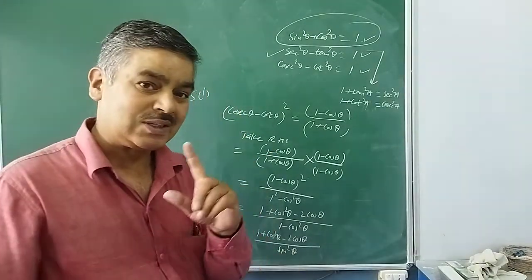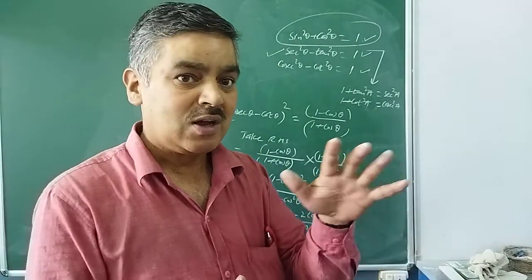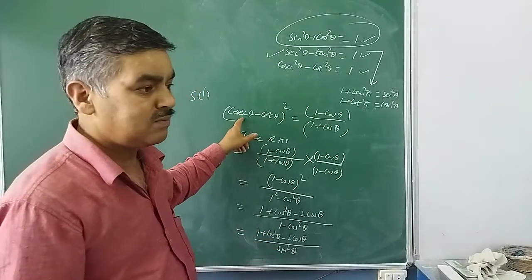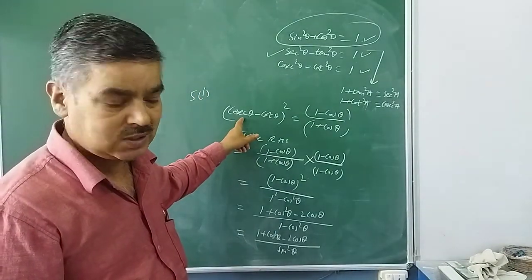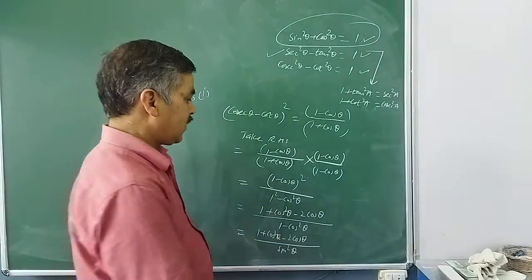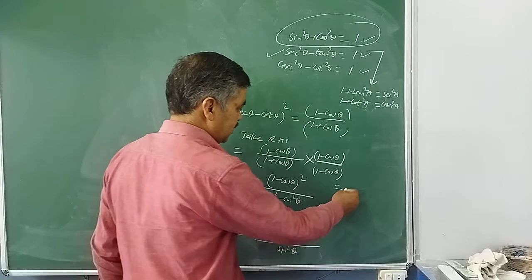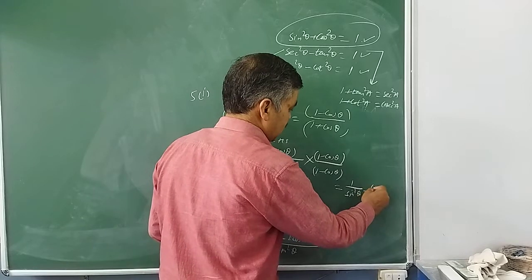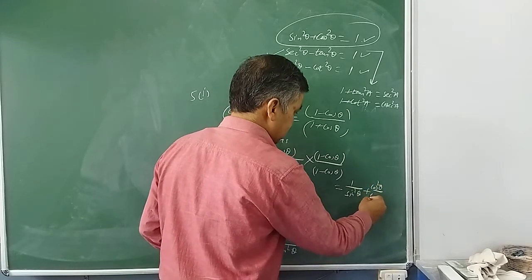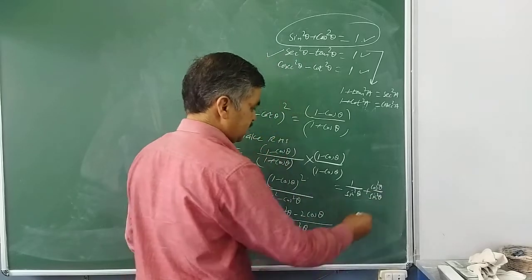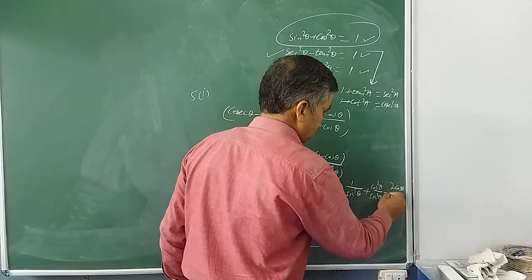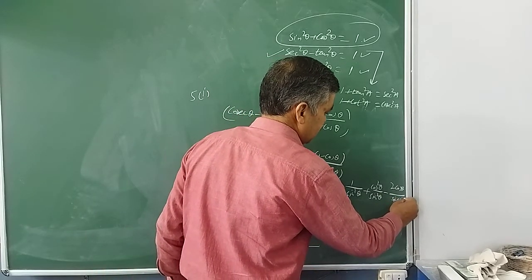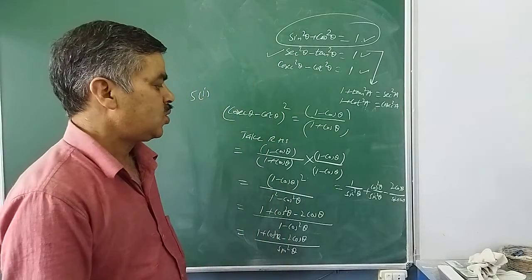So from here, that skill of out of the box thinking I have to apply. I am finding 1 upon sine, and that will give me an idea to go back to cosec as well as cos upon sine. So what I do here is I take 1 upon sine square theta plus, individually, cos square theta upon sine square theta, and then minus 2 cos theta upon sin square theta, which means sin theta into sin theta, two times.